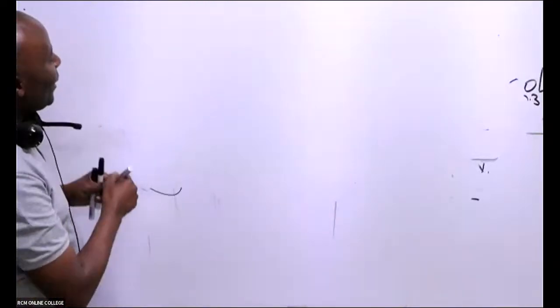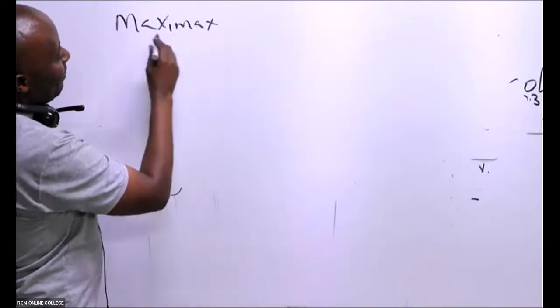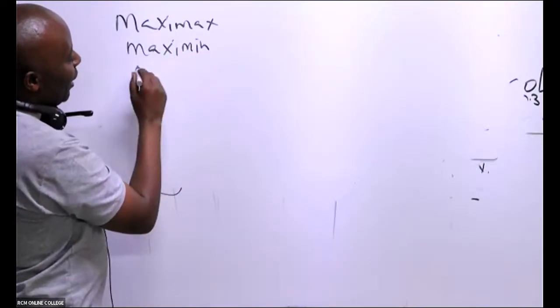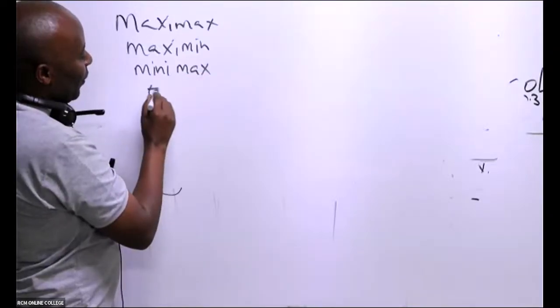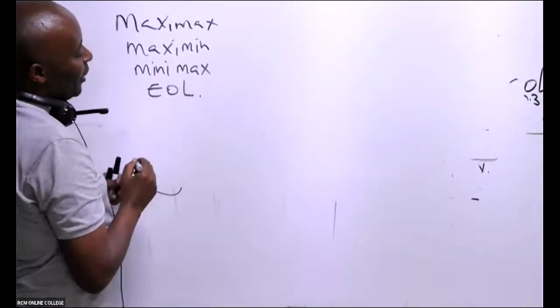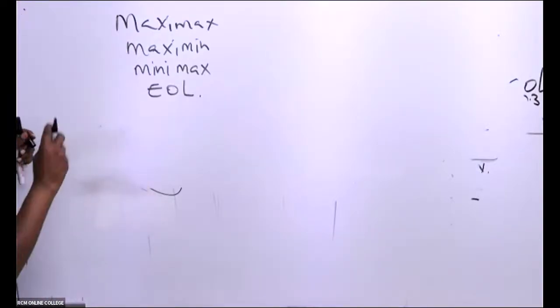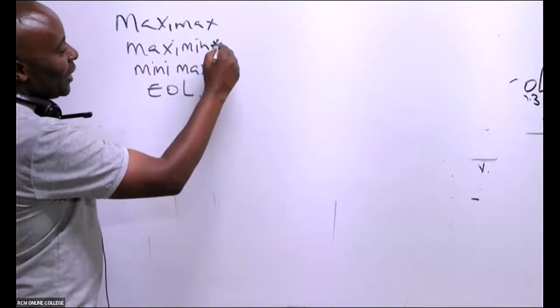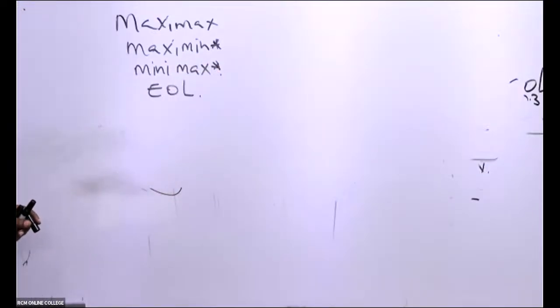So we have what we call maximax, maximin, and then minimax, and then expected opportunity losses. You need to really know how to differentiate these. With my years of experience, I know so many students confuse the two.